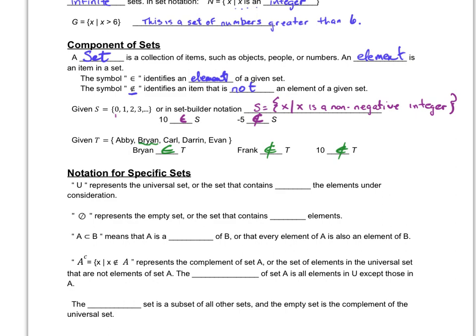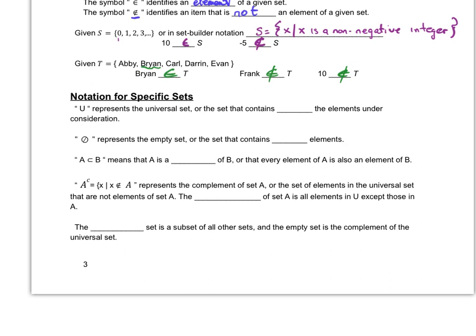As we move on, notation for specific sets: the U represents the universal set, or the set that contains all the elements under consideration. This symbol represents an empty set, the set that contains no elements.